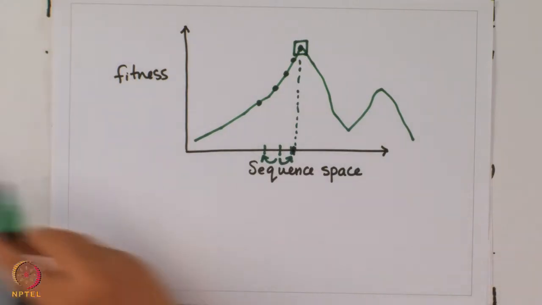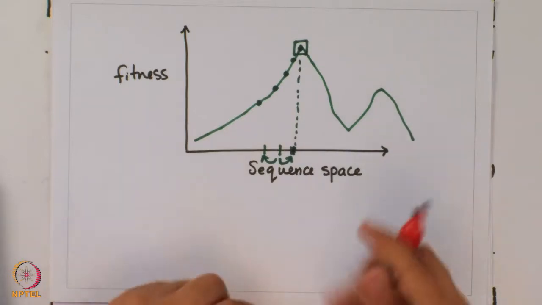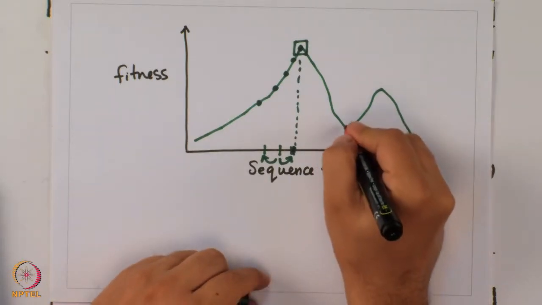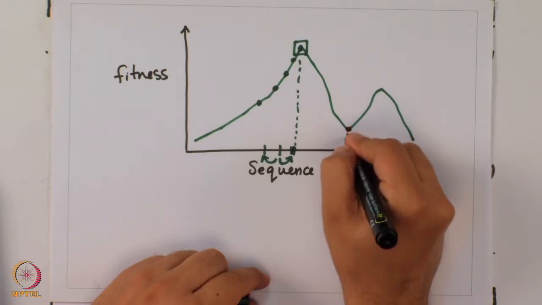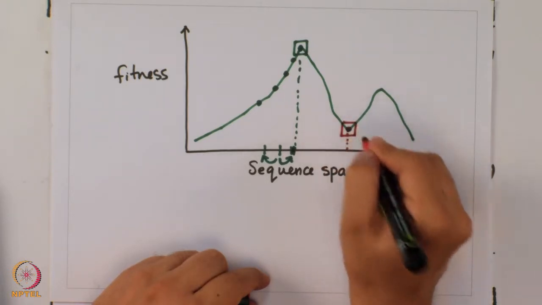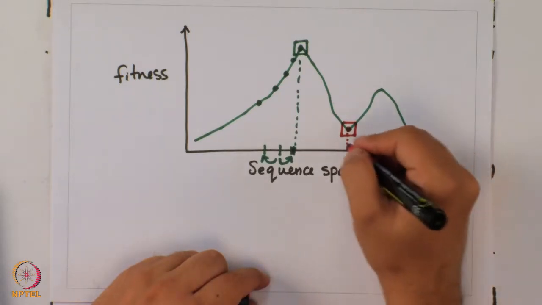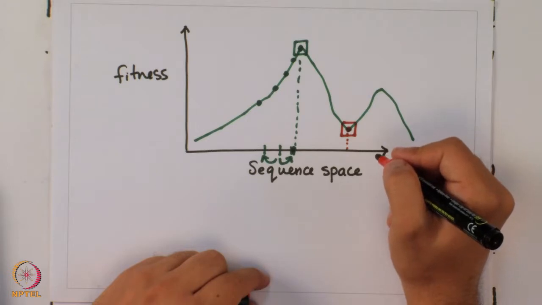And now what we had looked at last time is if we were to start our evolutionary experiment with the entire population at this particular sequence, then the fate of this evolutionary experiment is going to be decided by in which direction the first mutation happens.